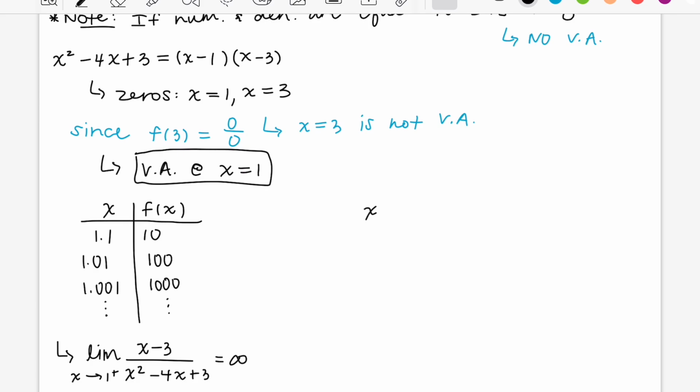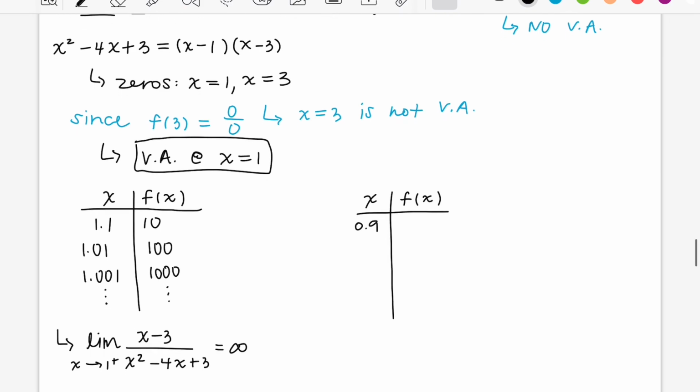Now let's do the same thing and see what happens for values close to 1 from the left. So we'll start with 0.9. Plugging that into our function, we'll get negative 10. Try 0.99, we get negative 100. 0.999, we get negative 1,000, and so on and so forth.